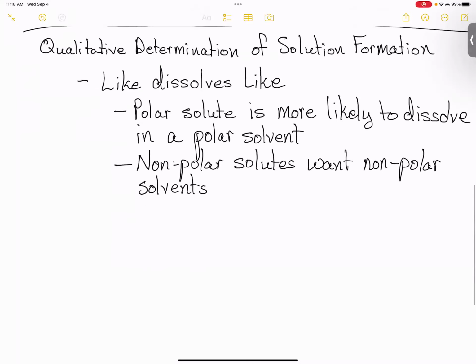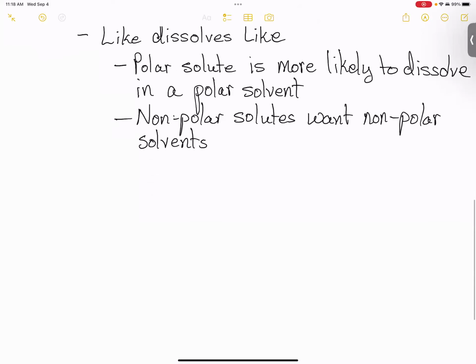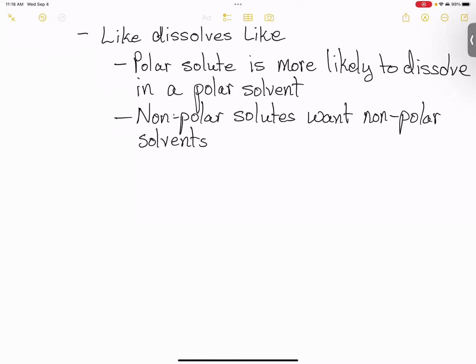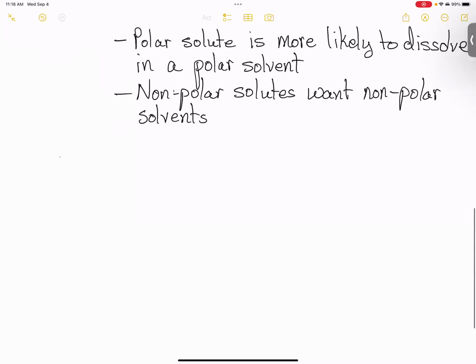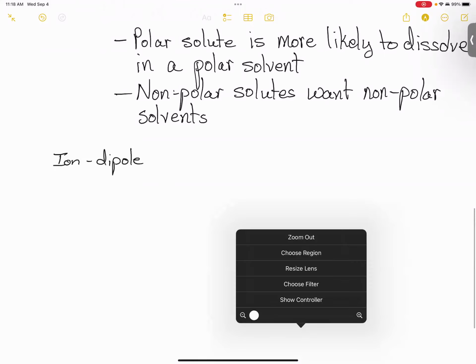So let's look at structure. So this again comes back down to structures and intermolecular forces. Let's take an ion dipole force.